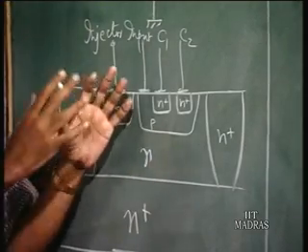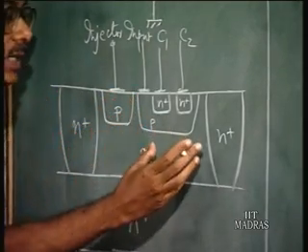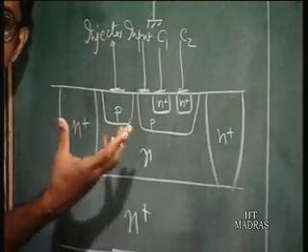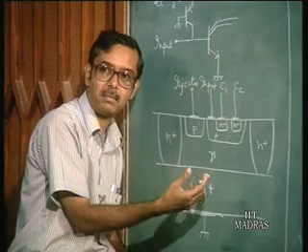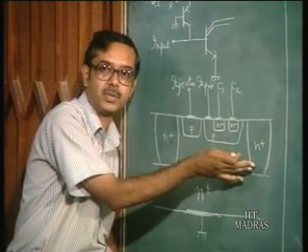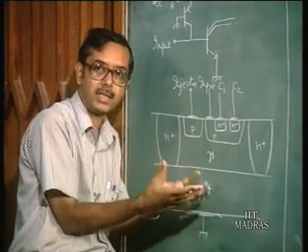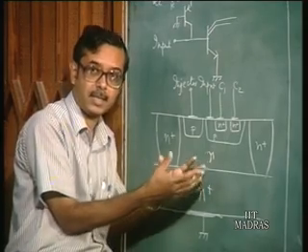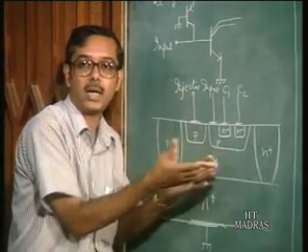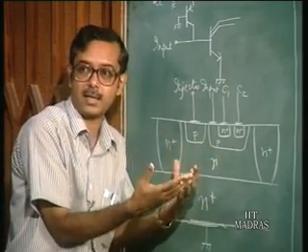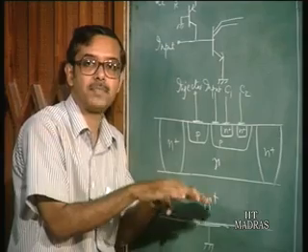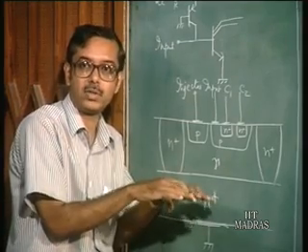You see, when there is minority carrier stored in the emitter region, they recombine. Minority carrier in the emitter means holes. When they recombine, to compensate for that, holes are injected from the base to the emitter. So, if there is more minority carrier stored in the emitter, in this case a lightly doped emitter, you have more hole current injected, that is more base current, which is going to reduce the beta of the transistor. So, you have to reduce the minority carrier stored in the emitter.